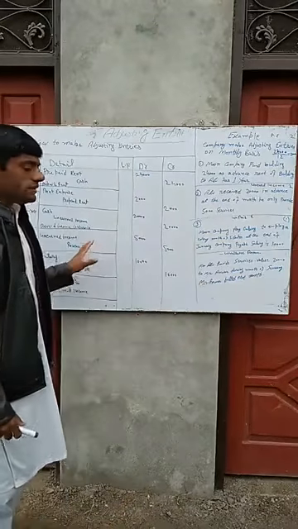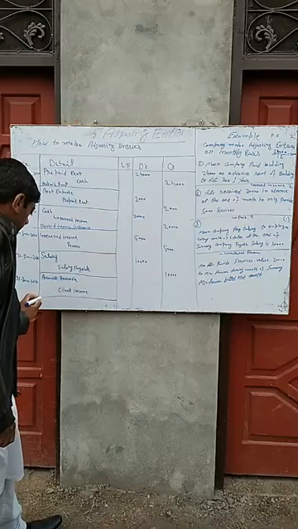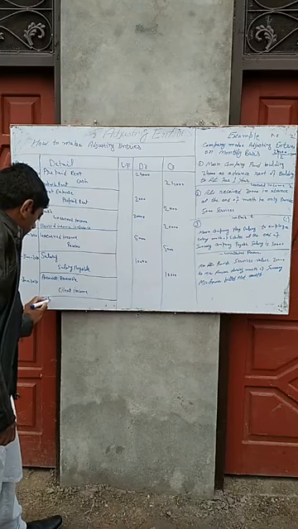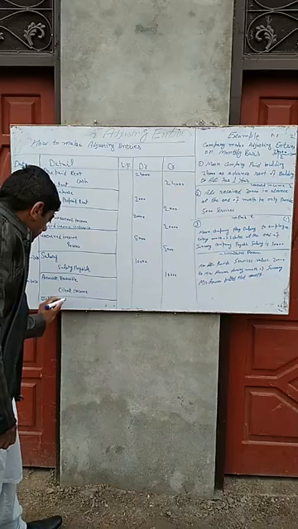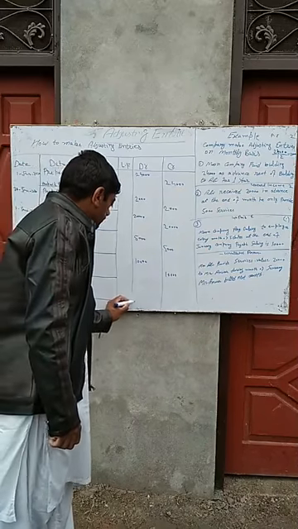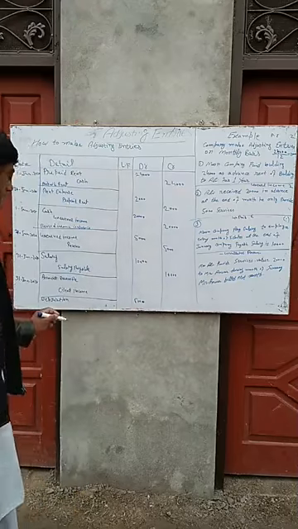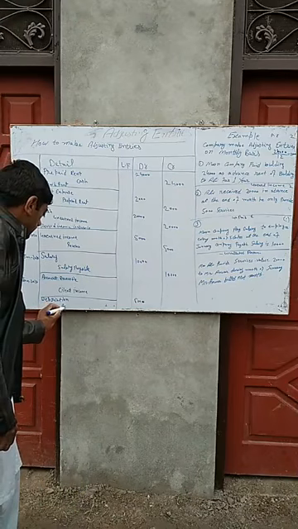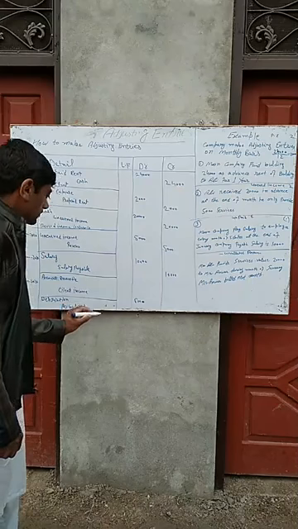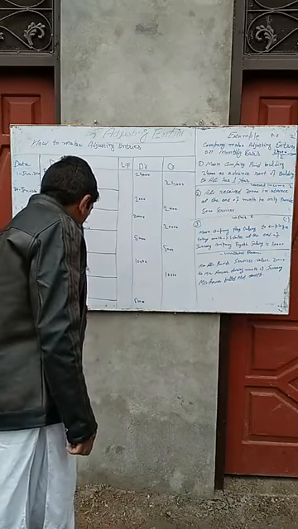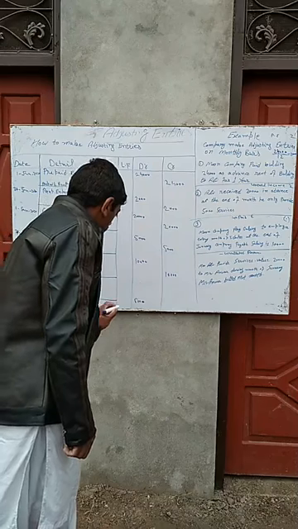So the next adjusting entry is depreciation. The depreciation entries are depreciation expense, depreciation amount debit 5,000, and accumulated depreciation.